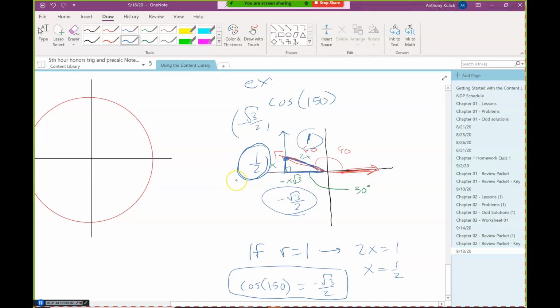We went left negative square root 3 over 2, and we went up 1/2. Is everybody okay with that? Observe that this is also the value of sine of 150, because sine of 150 would be, inside this right triangle, opposite over hypotenuse.